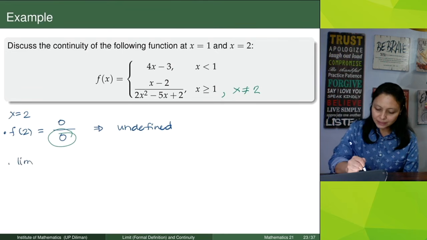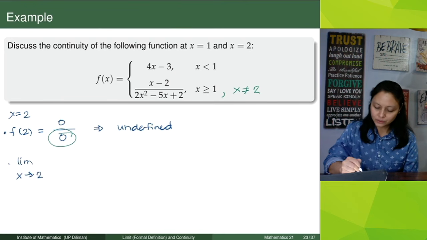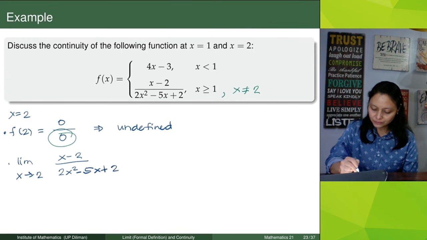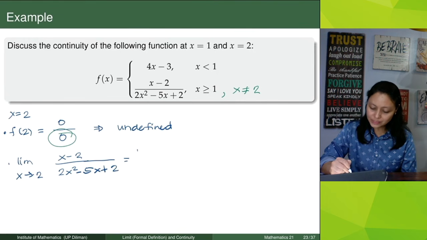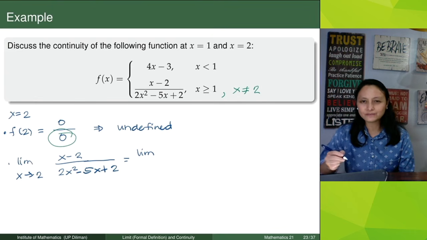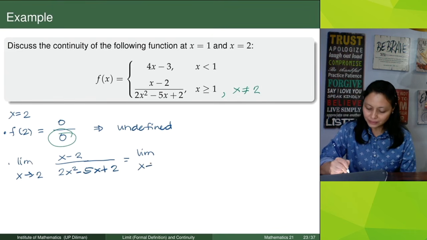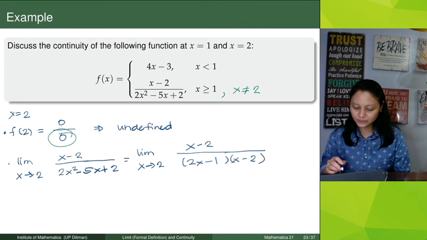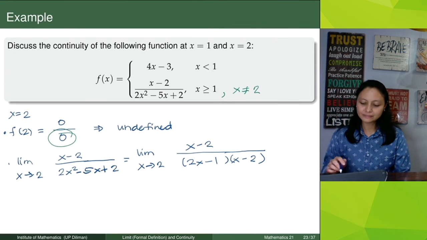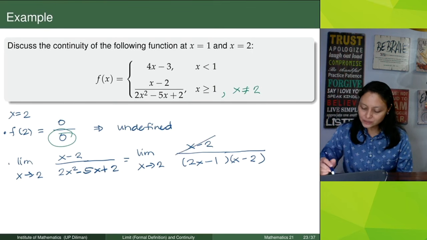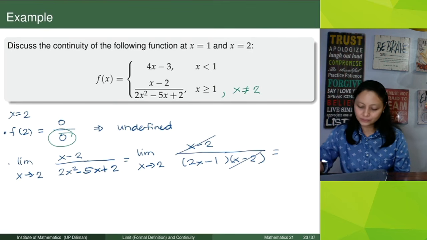Now, let's get the limit of the function as x approaches 2. So, you have x minus 2 all over 2x squared minus 5x plus 2. Sabi nga natin, this is 0 over 0. So, it's an indeterminate form. Let's try to factor the denominator. 2x minus 1, tama, times x minus 2. So, you can cancel out x minus 2. And this is equal to 1 over 2x minus 1.